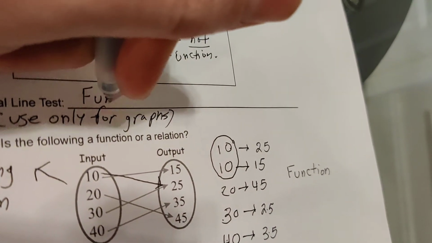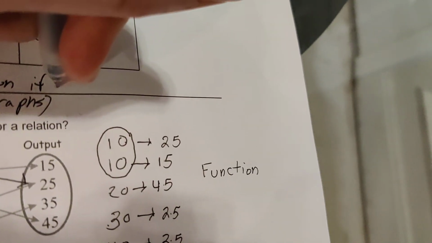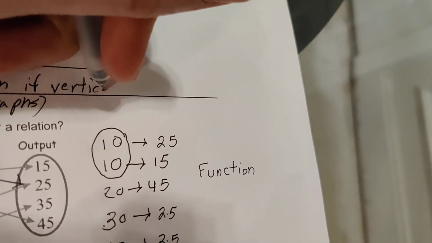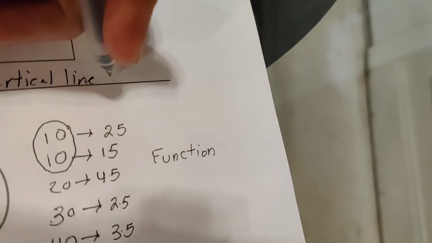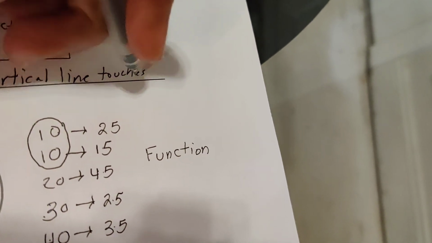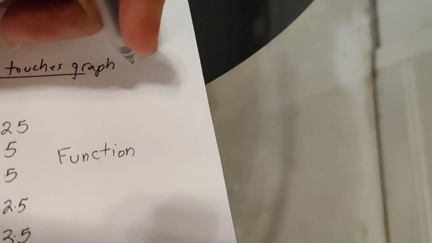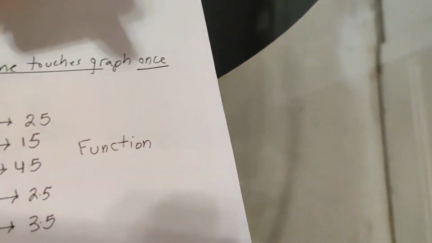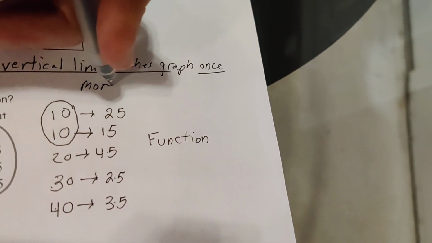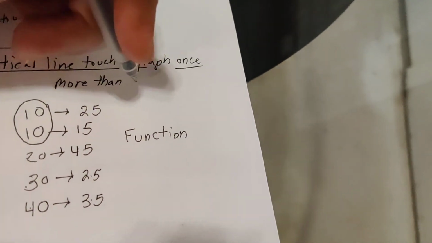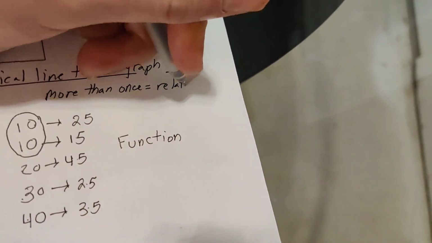Function if a vertical line touches the graph once. More than once, it's going to be a relation.